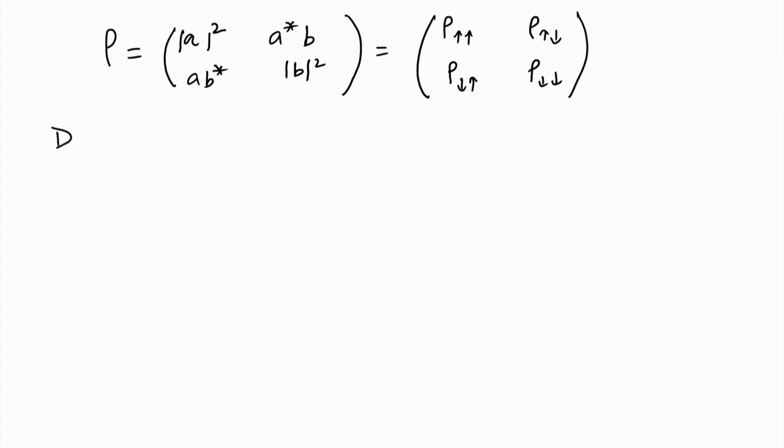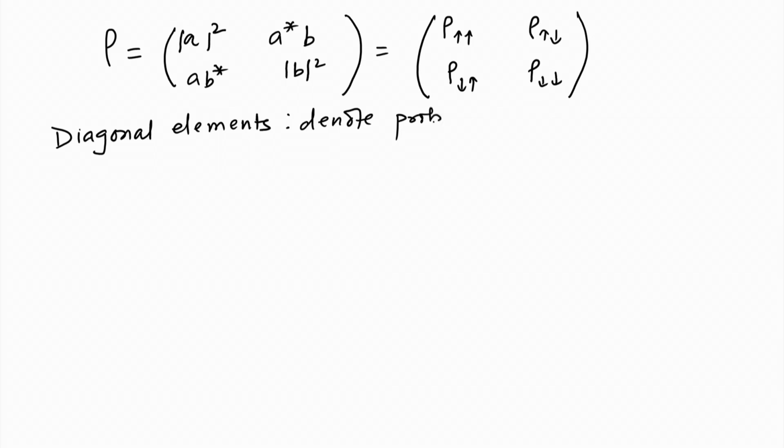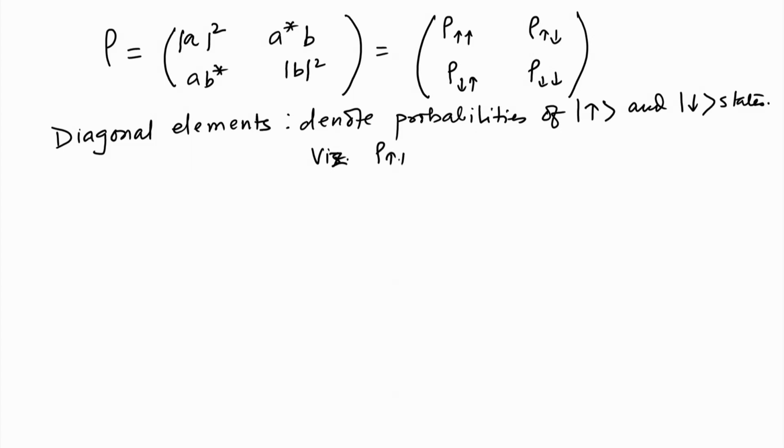The diagonal elements denote the probabilities of the up and down states, namely rho up up and rho down down.